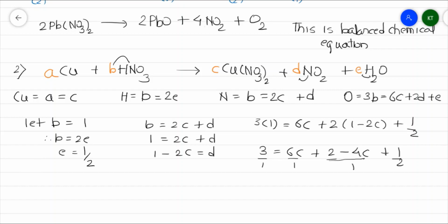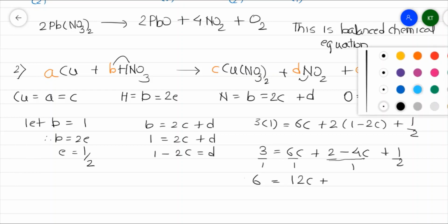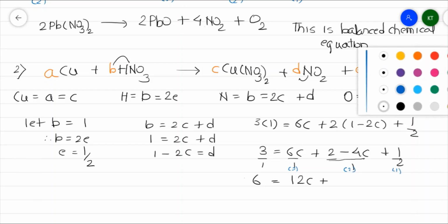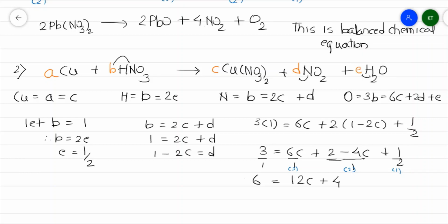So I'll get 3 into 2, that is 6, is equal to 12C plus, with the common LCM 2, 4 minus 8C plus 1. So I'll get 6 is equal to 12C minus 8C plus 5.